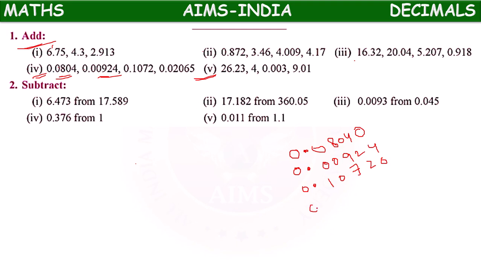Next, last one. 0.02065. Now, fifth place, 4 plus 5, 9.